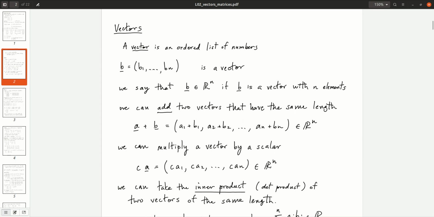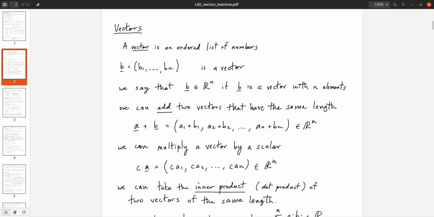Let's start with vectors. A vector, we can think, is just an ordered list of numbers. So I can write a vector b in parentheses like this. b with a line under it, that's my notation for a vector. In the book, you'll probably see it as a bold letter.